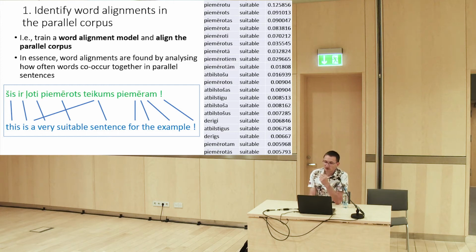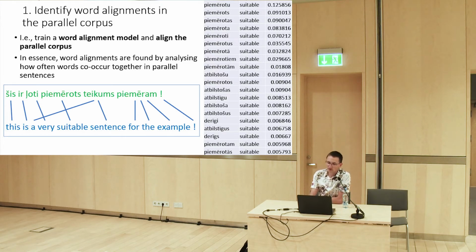And we build a model that analyzes how often a word occurs together in that parallel corpus with other words. And that's basically how we build a word alignment model by analyzing word co-occurrences.